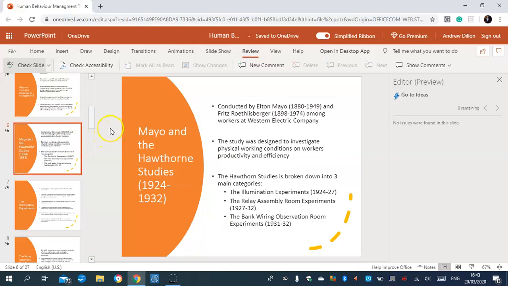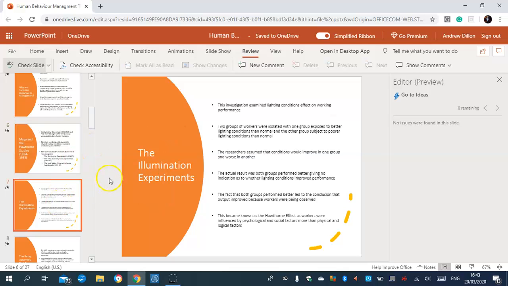Next one, the Hawthorne studies. The illumination experiments.